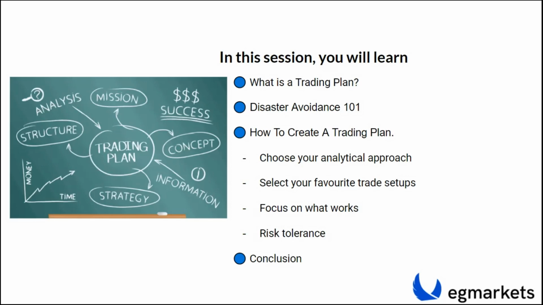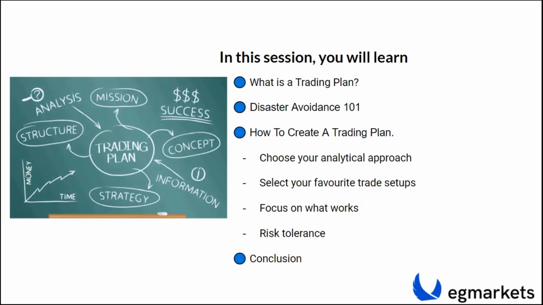Now, disaster avoidance 101. That is what your trading plan is. It helps you avoid disaster in the financial markets. You'll be wondering which disaster can come in the financial markets. Losing your capital, losing money when you trade, is a disaster on its own because you'll be emotionally down.